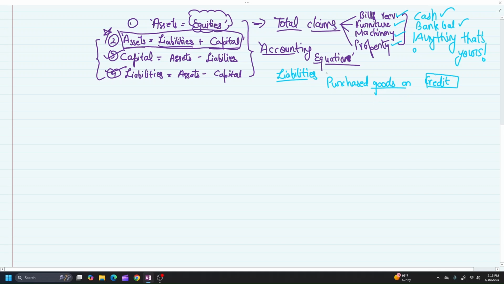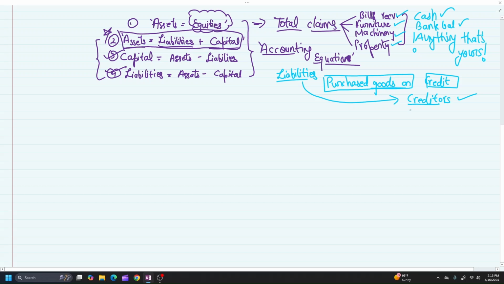So your liability goes to the creditors. You have a liability towards your creditor. How? Because in the future you have to pay that amount for purchasing the goods to the creditor. So that's how the creditor becomes a liability for you.